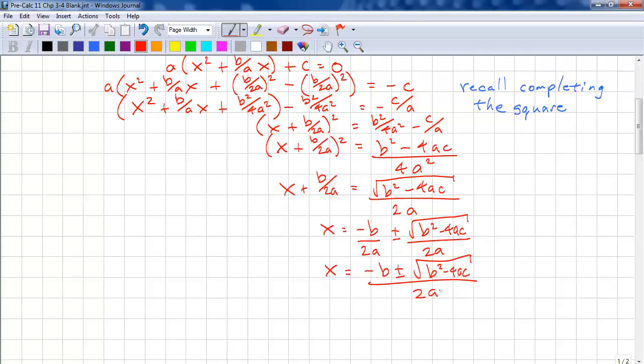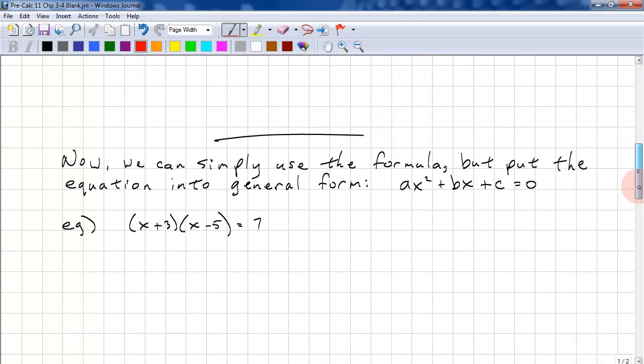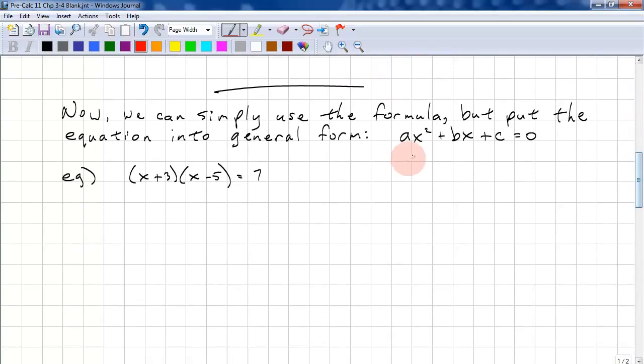And there's your quadratic formula. So to use this, we just plug in a, b, and c into there, and we'll have our solution. One thing to note, the quadratic formula will work on quadratics that don't have integer roots.